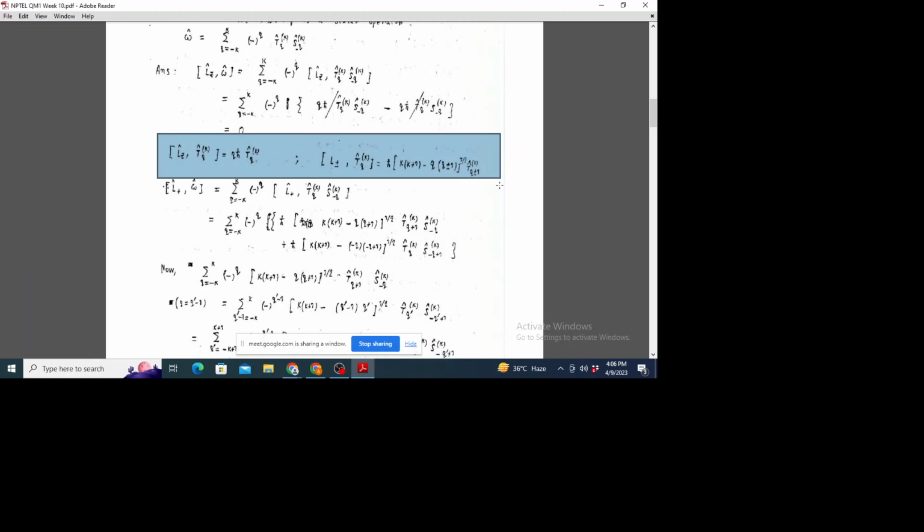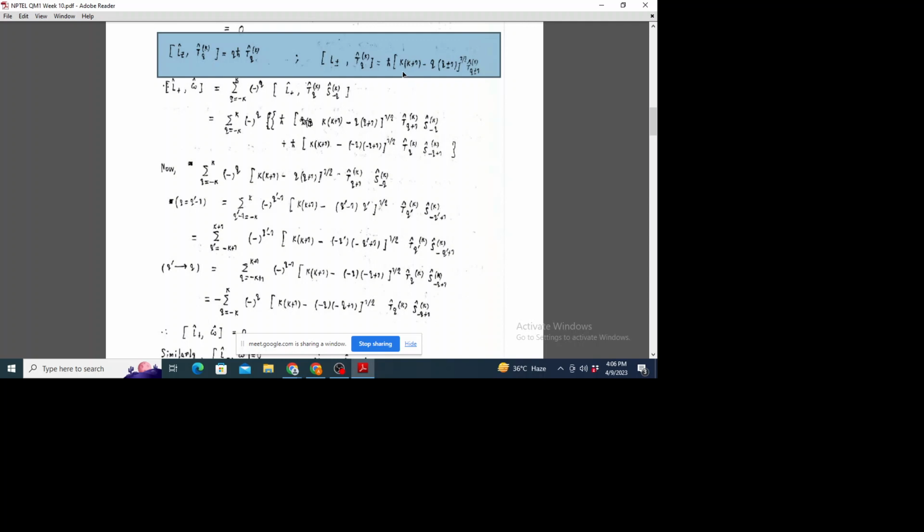So these three commutators, all of them are 0. Comparing with these three relations, we can see that omega must have k equal to 0. So that means omega will be a rank 0 tensor operator, and a rank 0 tensor operator means a scalar operator.